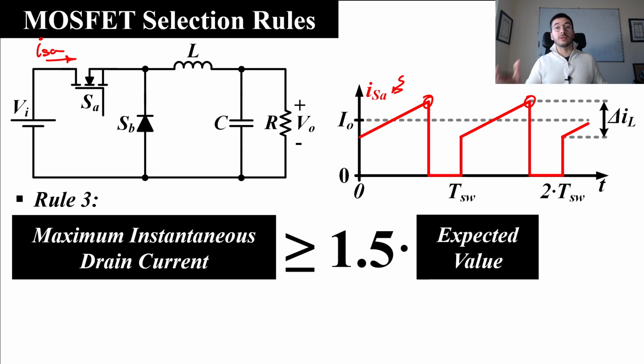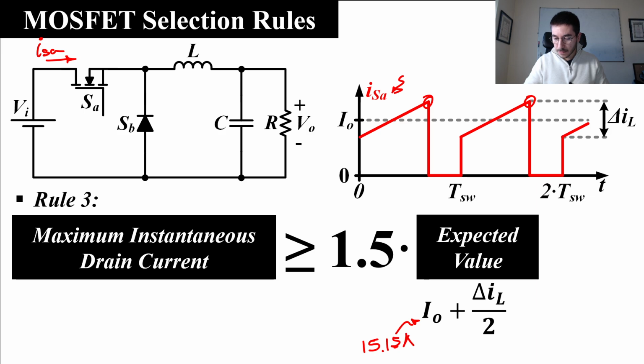We already saw the expression of those current peaks. The expression is output current plus peak-to-peak current ripple through the inductor divided by 2. Here we have 15.15 amps, and here we have 3.03 amps. They are specifications of our design.